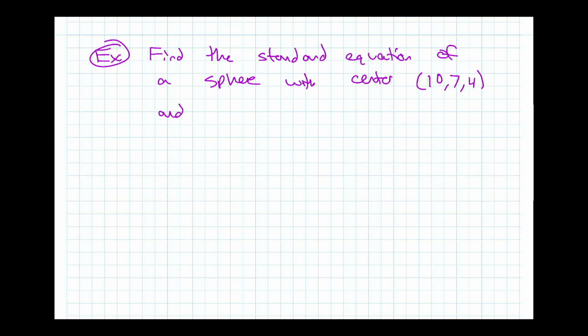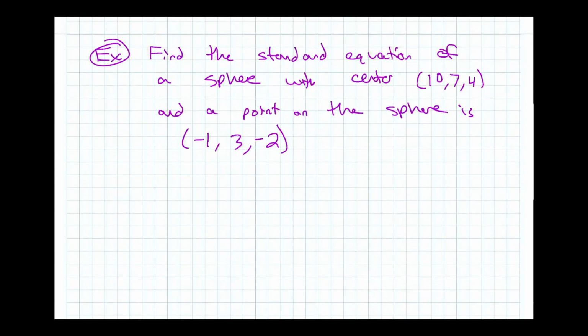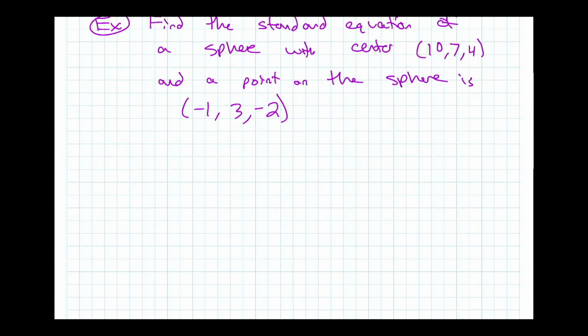And a point on a sphere is, they give you another point, -1, 3, -2. They worded it in a weird way too, but that's okay.